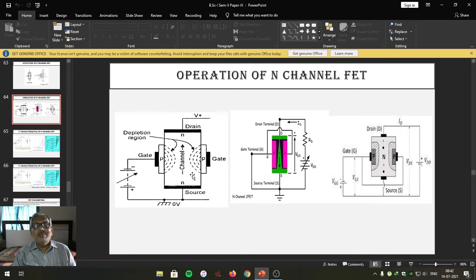As the channel width is maximum, if source and drain are properly biased, almost all the charge carriers liberated from the source will be drained out towards the drain. As the width is more, the drain current will be more.